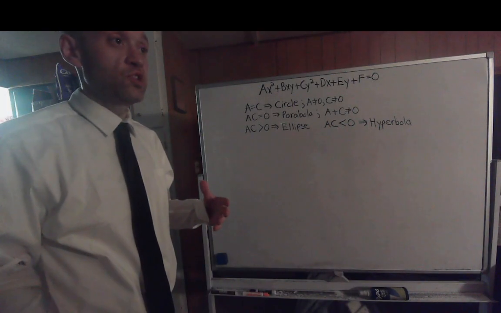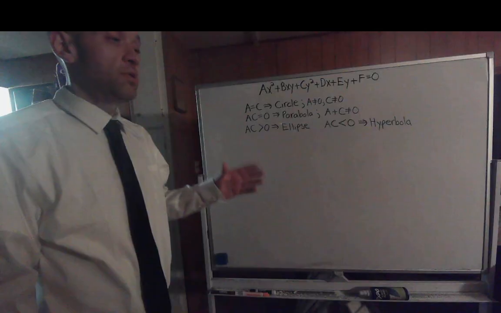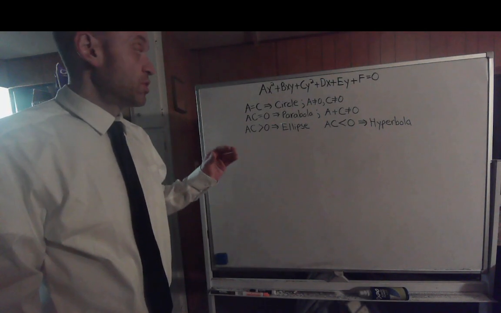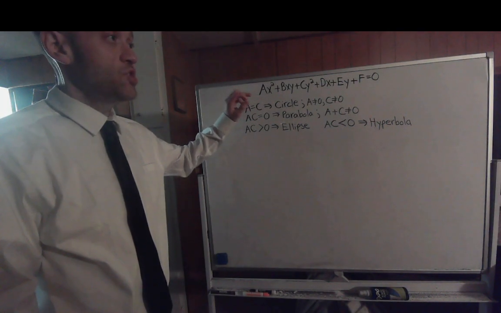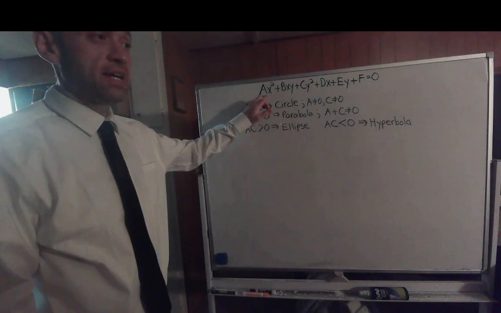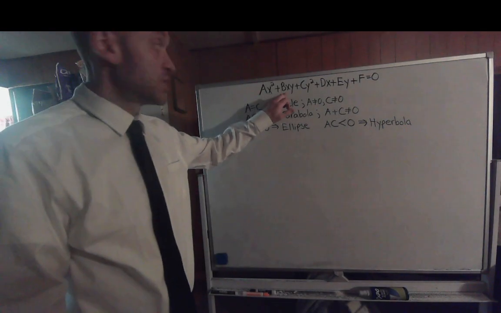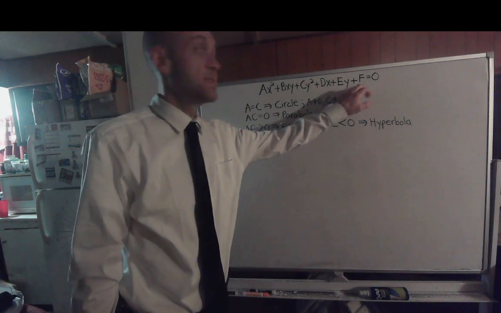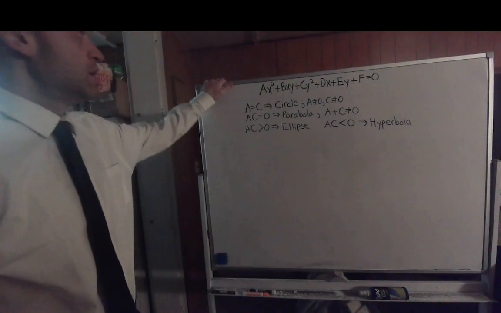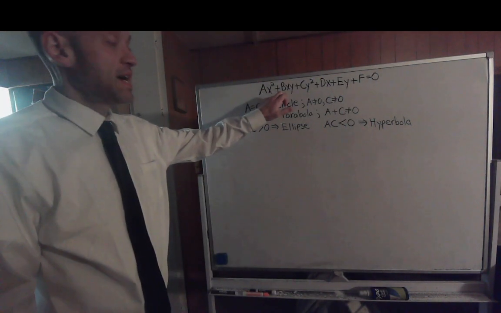The standard form of an equation of a conic section is ax squared plus bxy plus cy squared plus dx plus ey plus f equals 0. Notice you probably see that xy term.